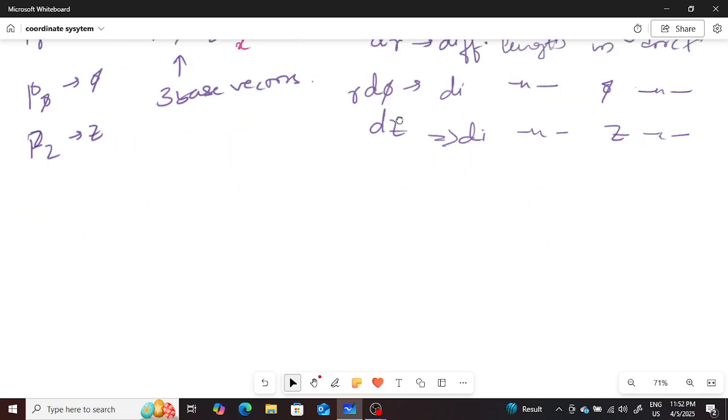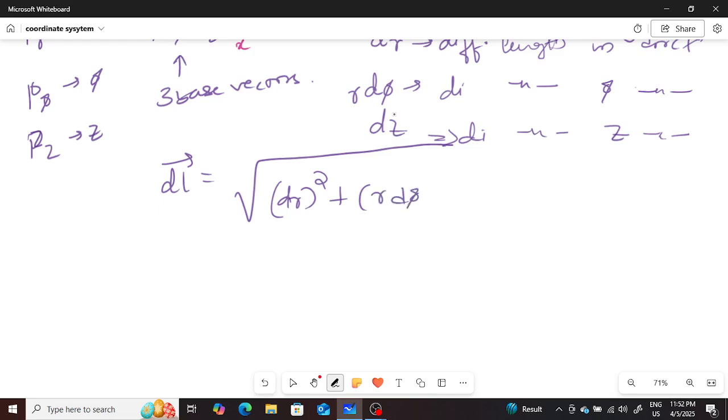Can anyone tell me the magnitude of the differential length vector? First one is dr squared, next is r d phi squared, then dz squared, right? This is the differential length.